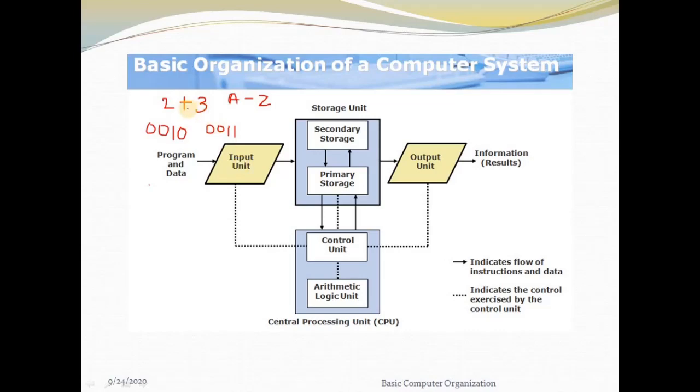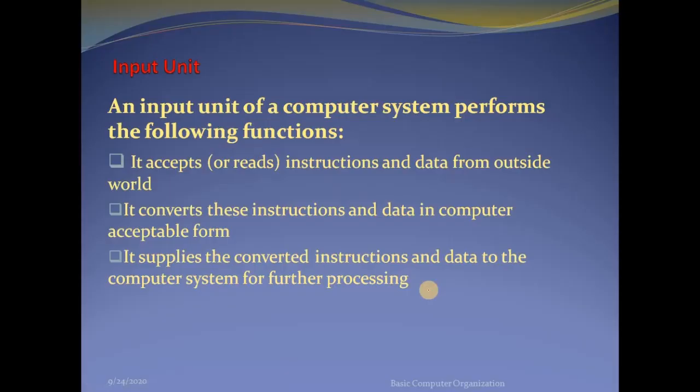So the human readable data is converted into zeros and ones, which can be understood by the computer system, and we are also providing the instruction. This data will now be passed to the computer system. These are the 3 important functions performed by the input unit.